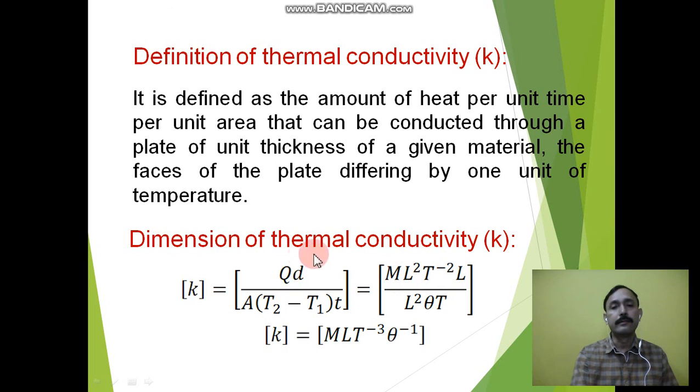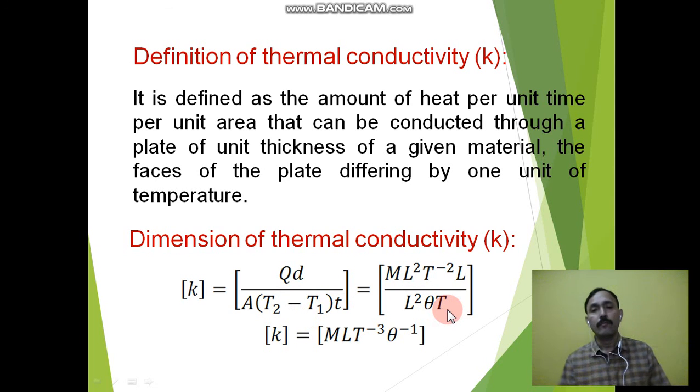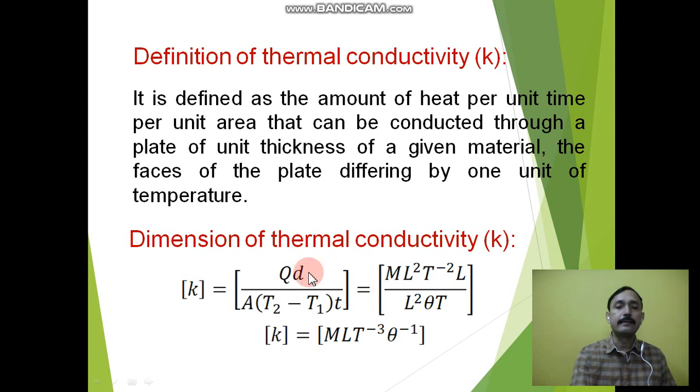D has dimension L. Area has dimension L square. Temperature difference is theta, and time is T. So K has dimension M L T to the power minus 3 theta to the power minus 1. This is the dimension of thermal conductivity.